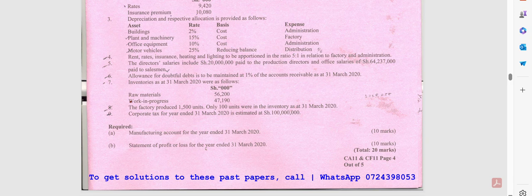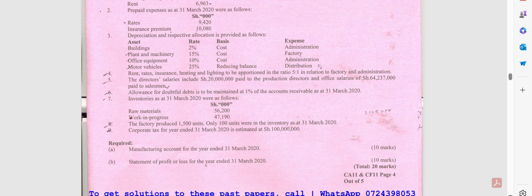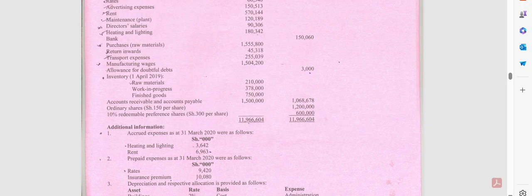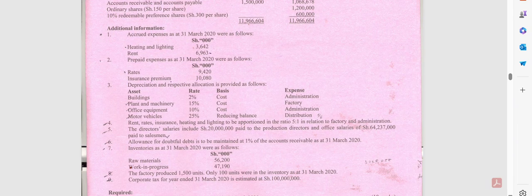We're also going to add the C part just for the sake of us learning. We're also going to add the statement of financial position. That will be a by the way, because you never know, another exam may require you to prepare it. So we are going to begin with additional information.